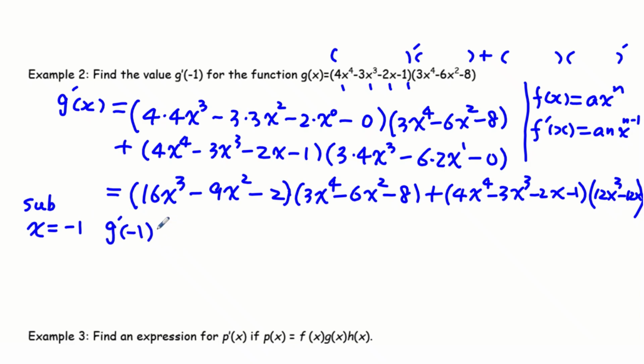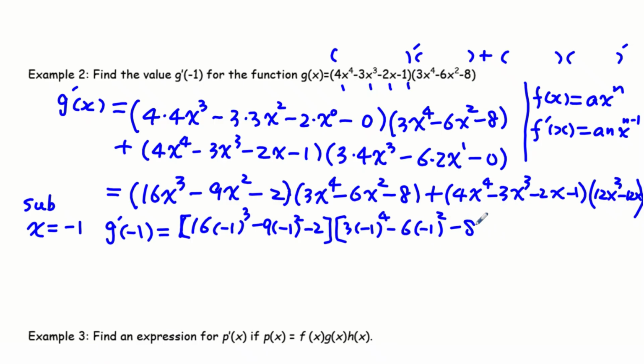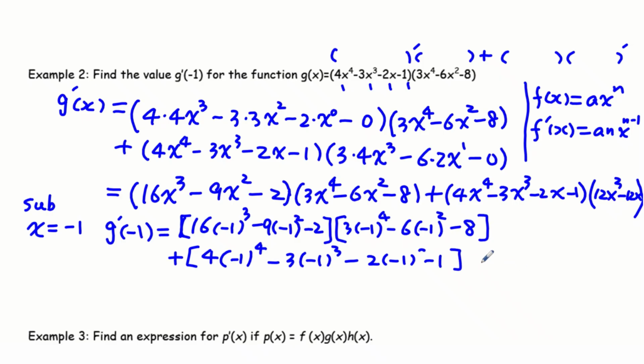We have g prime of -1 equals 16 times (-1) cubed, minus 9 times (-1) squared, minus 2, then 3 times (-1) to the exponent 4, minus 6 times (-1) squared, minus 8, then continue plus 4 times the second, (-1) to the 4 minus 3 times (-1) cubed, minus 2 times (-1), minus 1, then times 12 times (-1) cubed, minus 12 times (-1).